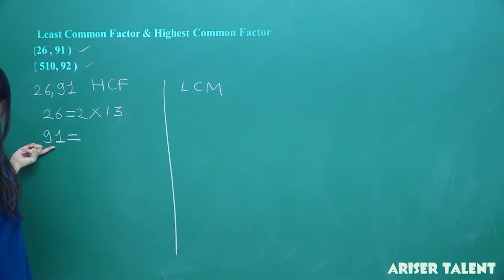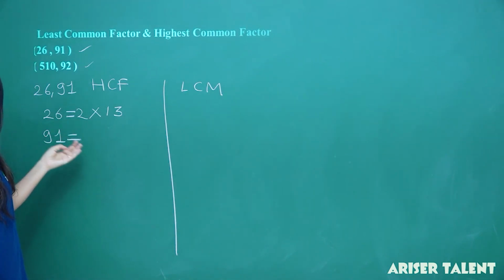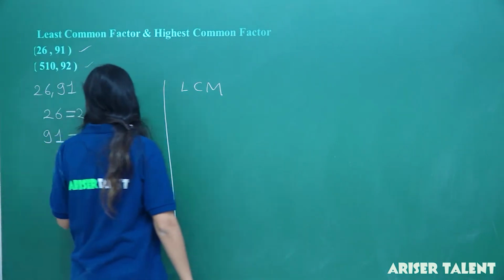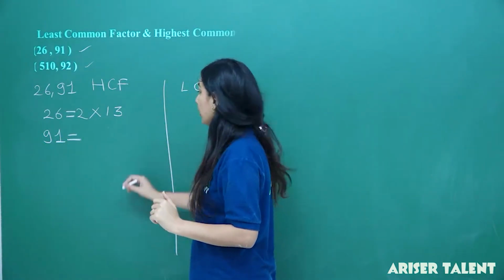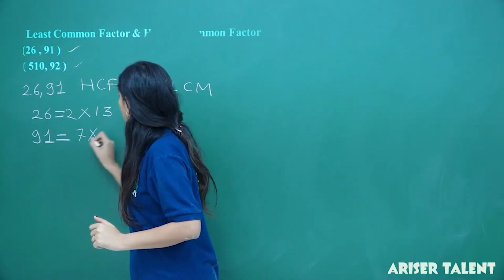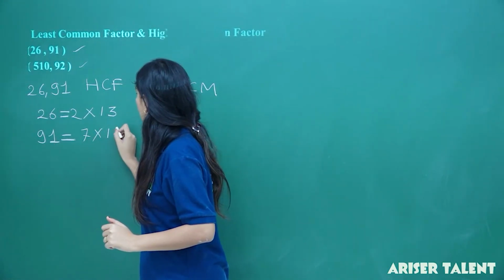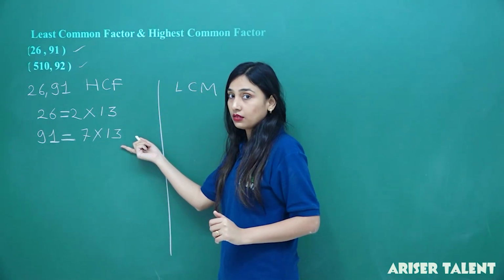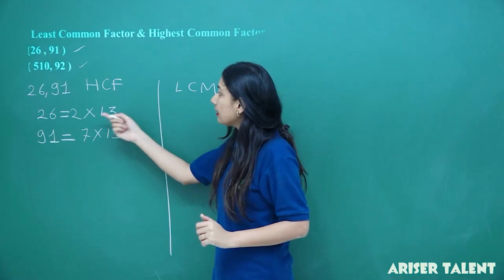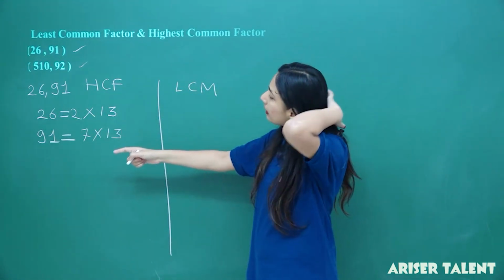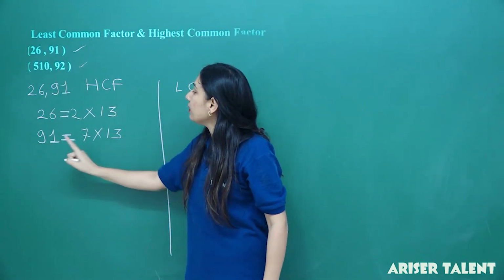It is not divisible by 2, not 3, not 5. Then 7. Okay, it is divisible by 7. 7 multiplied by 13. You are seeing this? Prime factorization of 26 is 2 multiplied by 13 and prime factorization of 91 is 7 multiplied by 13.